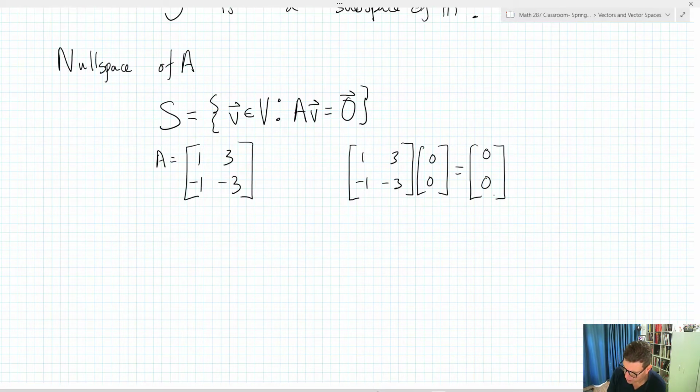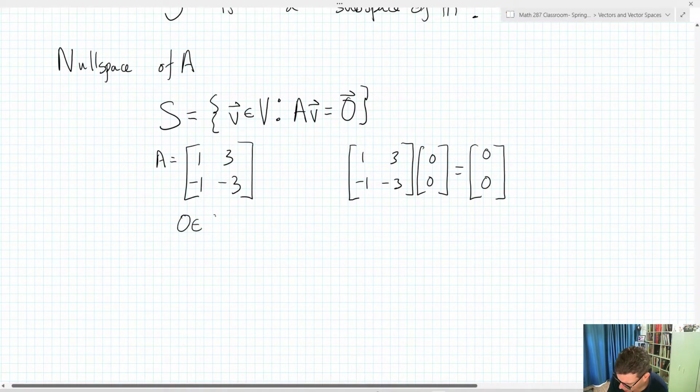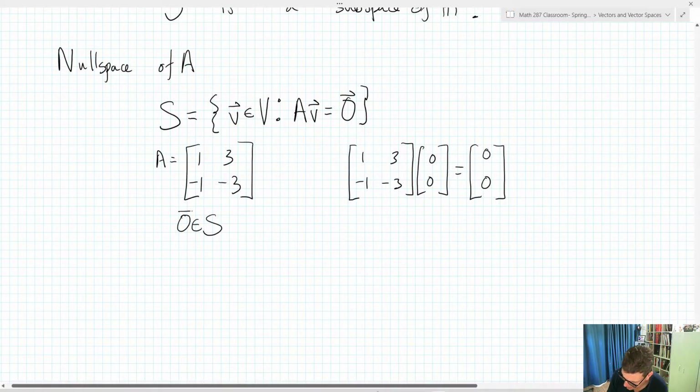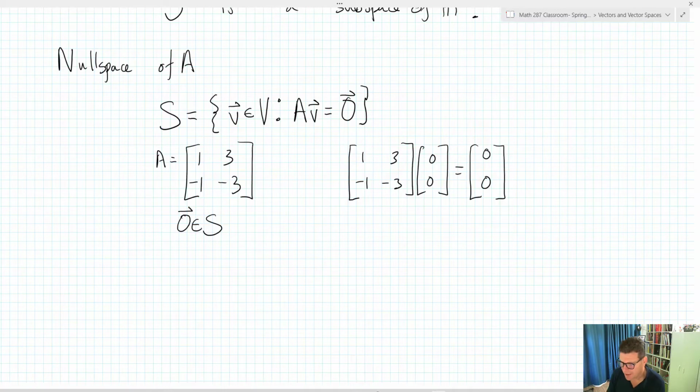So 0 is going to belong to S, to this null space for A in this case. So that 0 vector is also in S. But there might be other things inside of there as well, because we've seen previously that you can in fact have an infinite number of solutions to AV equals 0. And we might ask ourselves, what are the other things that might be in S?